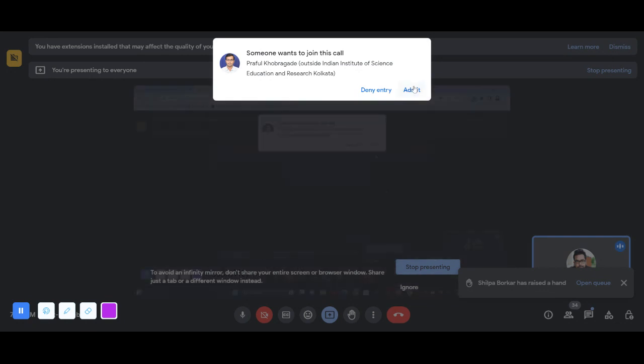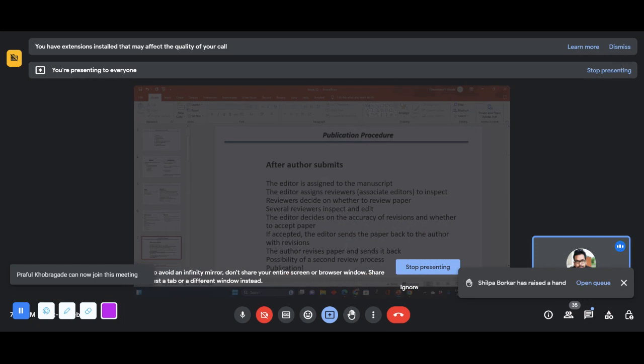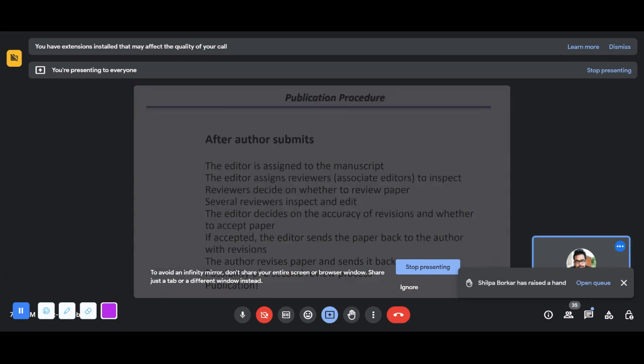So he will find some reviewers, meaning scientists who are working in your particular field, and request them to review the paper.